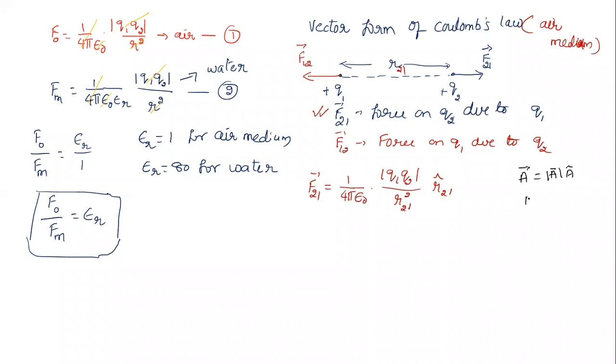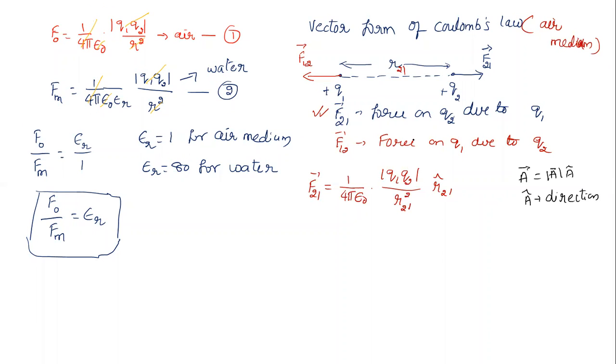So this a cap is indicating direction. Here 1 by 4 pi epsilon naught into Q1 Q2 by R21 square is indicating magnitude, and R21 cap is indicating direction. The direction of R21 is from first charge to second charge.